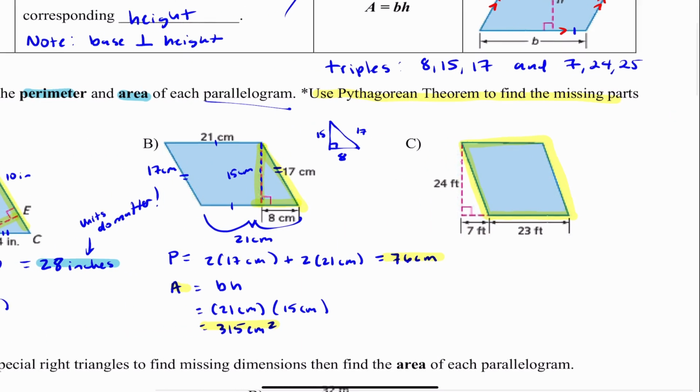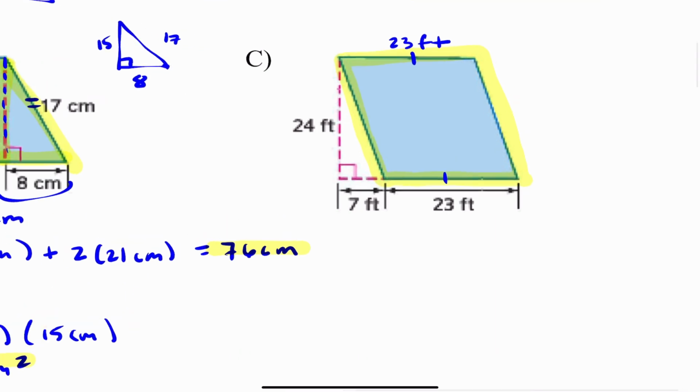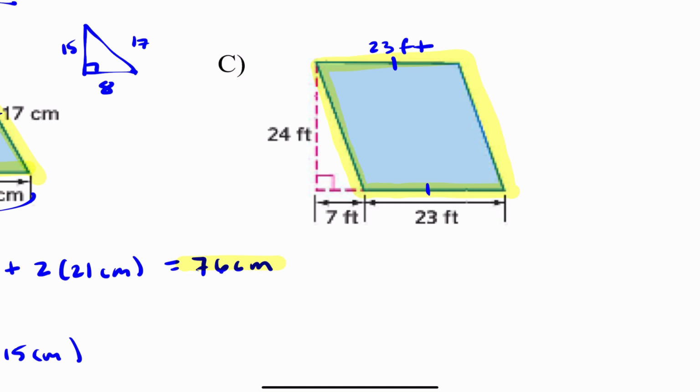If this here is 23, then this side length here has to be 23 feet, because it's a parallelogram, so opposite sides are congruent to each other. To figure out the perimeter, I have to figure out this side length and this side length, and again, those two sides are congruent. But I don't know those two side lengths.